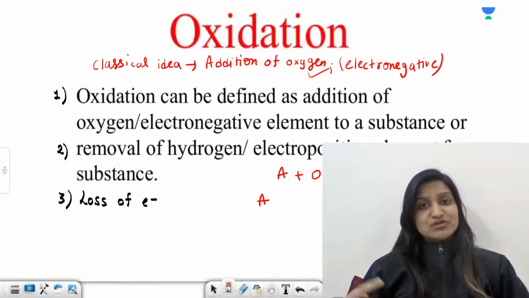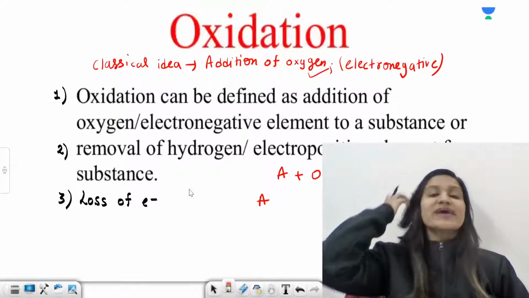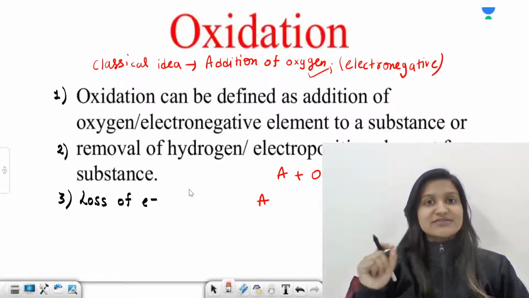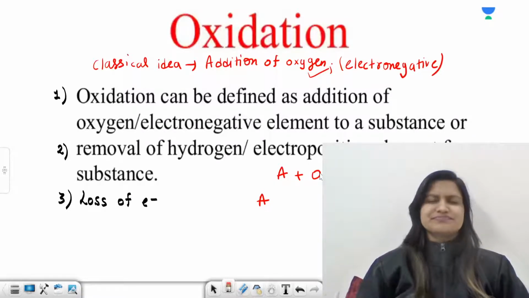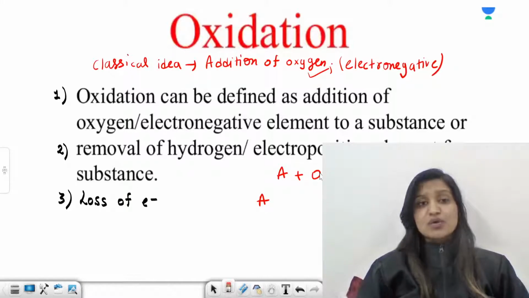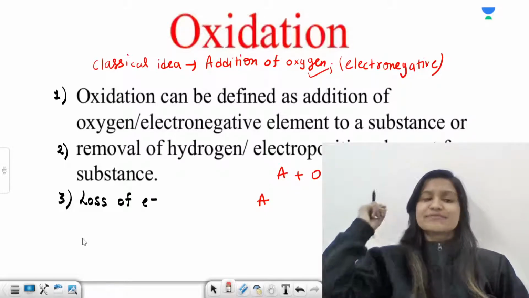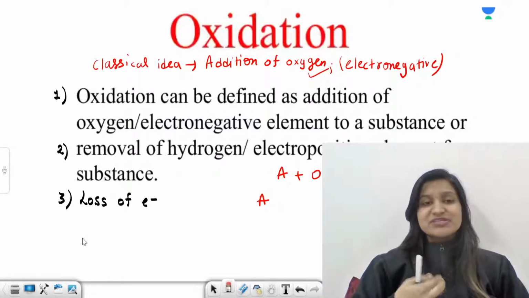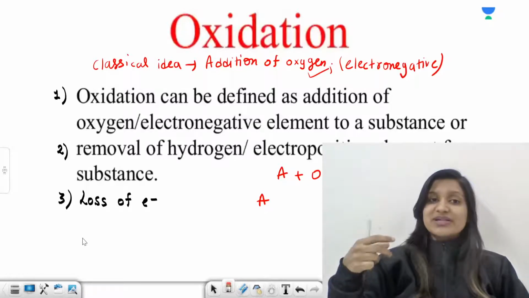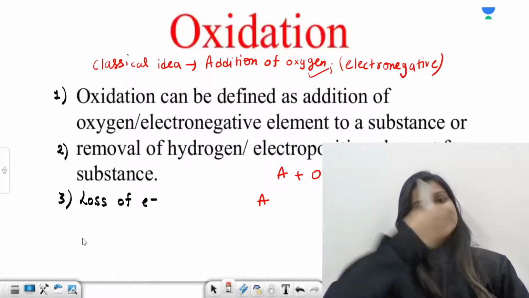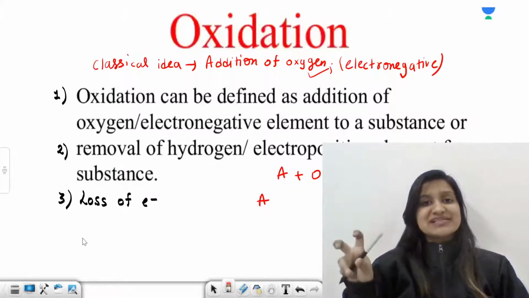Oxidation can also be defined as removal of hydrogen or removal of any other electropositive element. And the most modern definition which we believe in now is the loss of electrons. Whenever there is a loss of electrons, it is called oxidation. There will be a species which loses the electrons, and the other species will accept the same electrons, such that the whole reaction takes place.